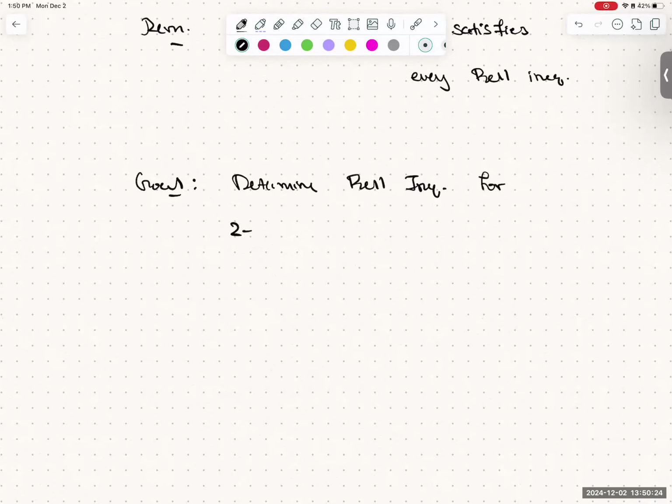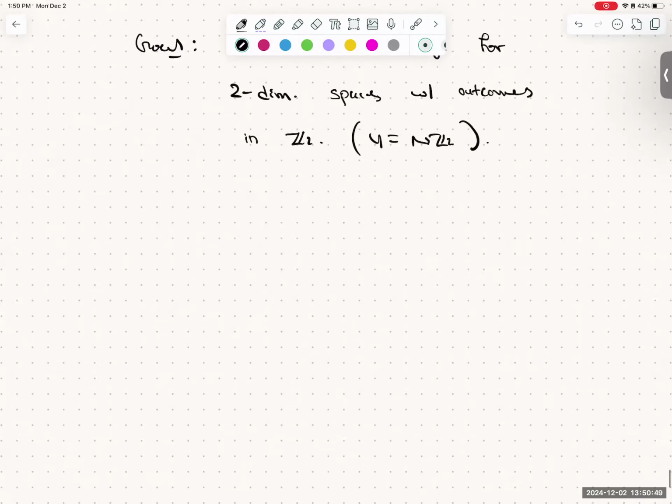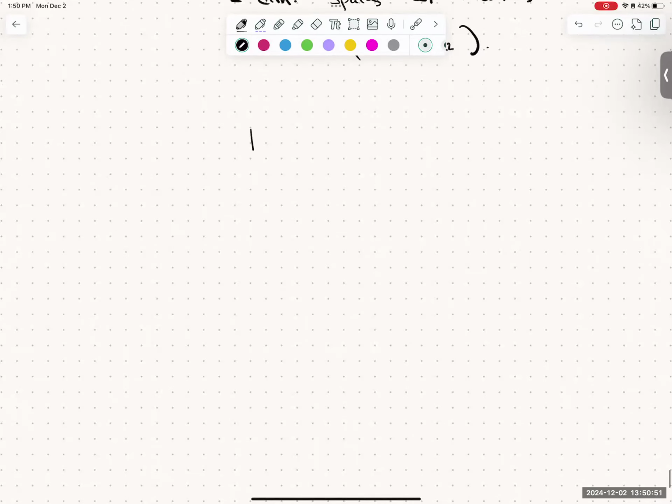We will look at two-dimensional spaces with outcomes, so our outcome space in Z_2. Quickly, there are some interesting families of scenarios within this restricted case.